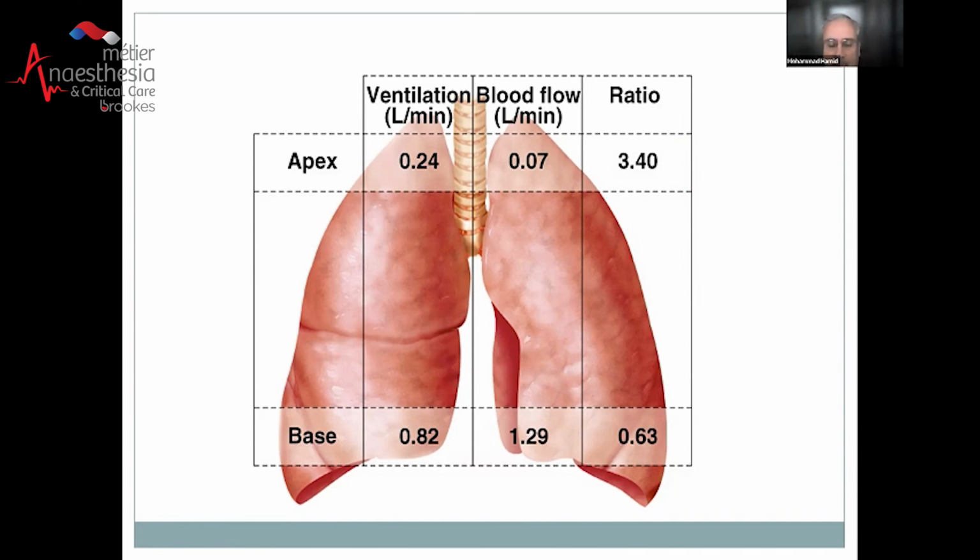So there will be some shunting of blood at the bases, while the apex is more ventilated than perfused. So it's called dead space. It's not completely dead space, but there is still some perfusion, though comparatively less than at the bases.